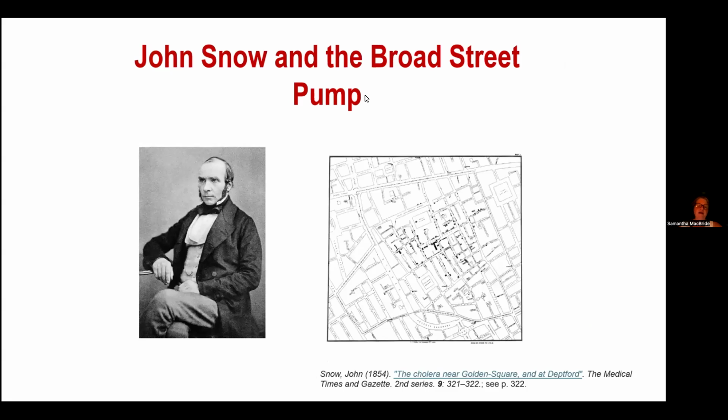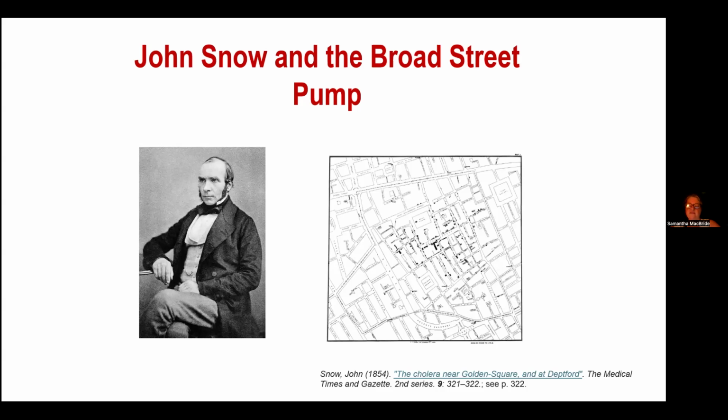So I mentioned that my colleague worked at a company named John Snow Incorporated, which is a global research consulting company now. And it's named after someone who lived in the 19th century in London, named John Snow, who was, at least in the Western tradition, an early example of data visualization.